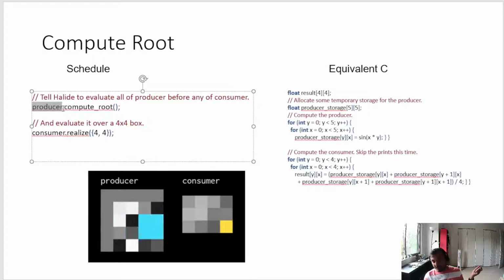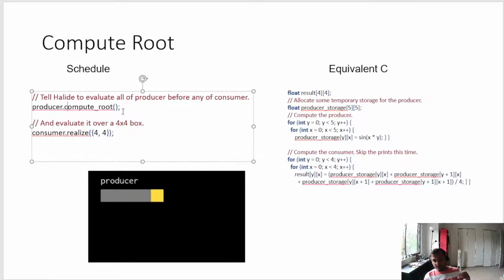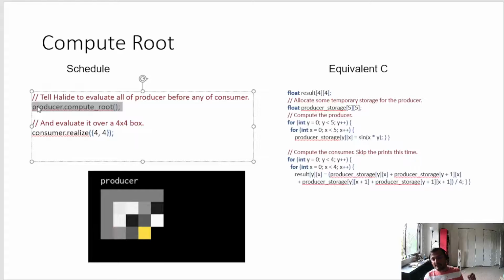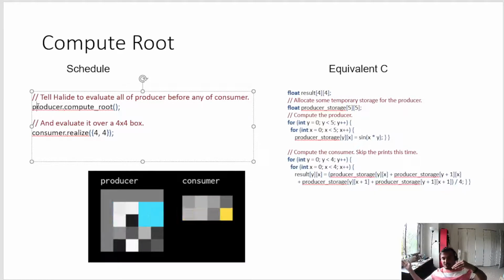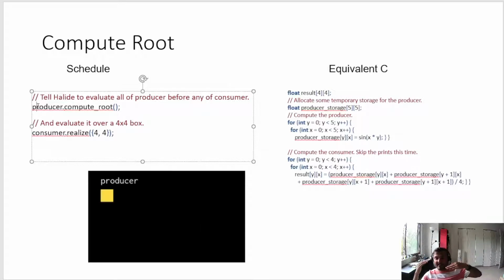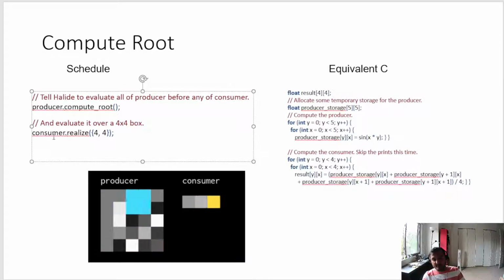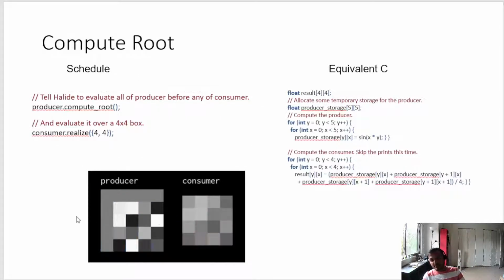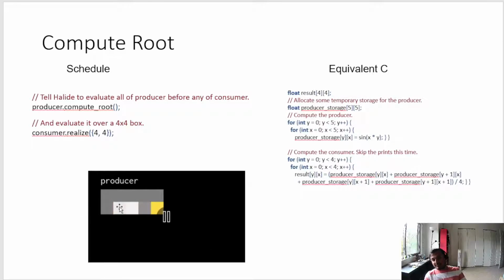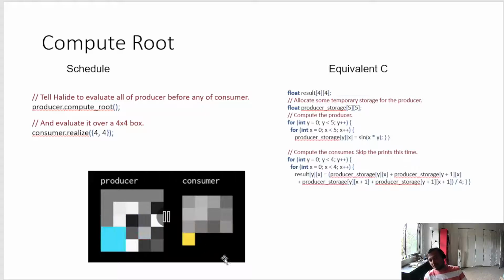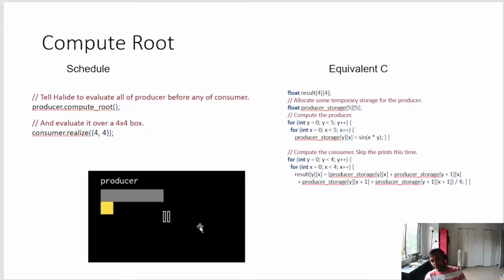So for producer, I do producer dot compute root. That means the next stages that depend on producer would wait till producer is completely done. And then I call consumer dot realize, and this is how it looks. Notice the producer is first processed, and only then the consumer begins its job.